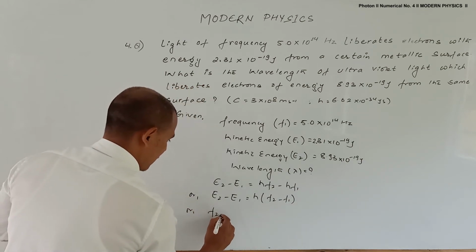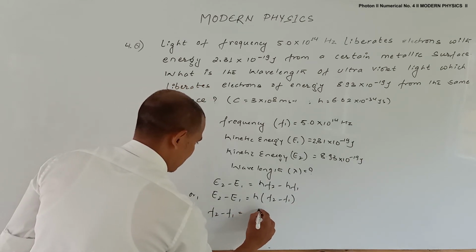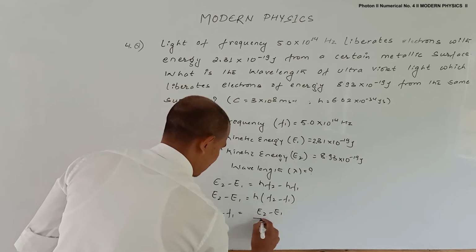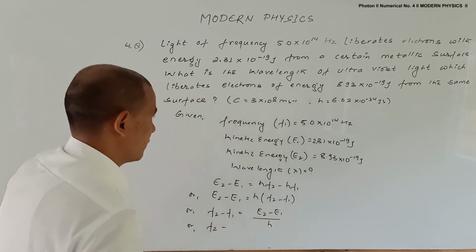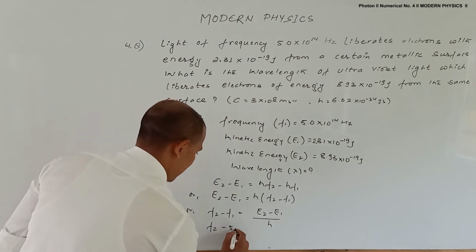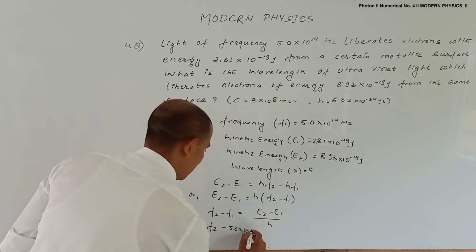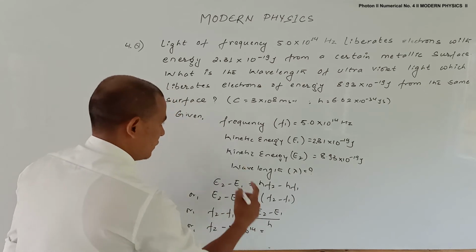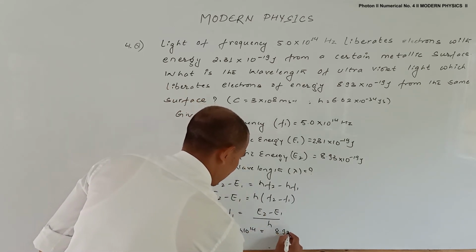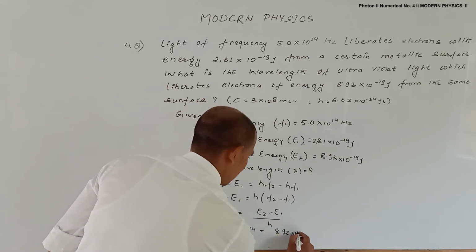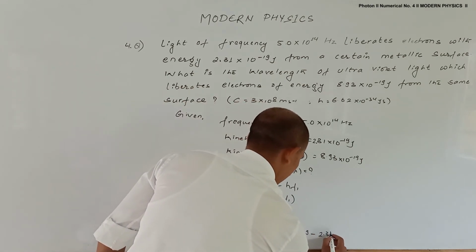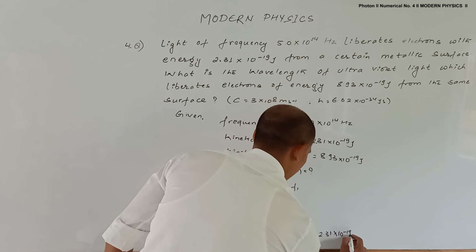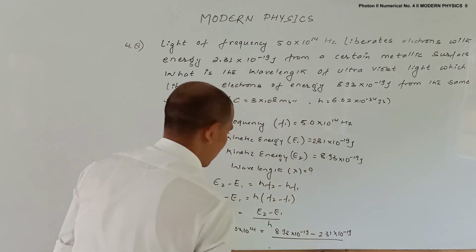So f2 minus f1 will be equal to (E2 minus E1) by h. So f2 minus, in place of f1 we can write 5.0 into 10 to the power 14, will be equal to E2, given as 8.93 into 10 to the power minus 19, minus 2.31 into 10 to the power minus 19, divided by h.